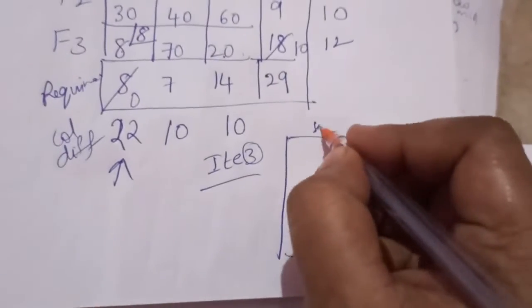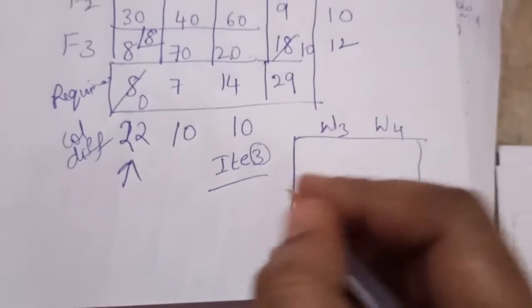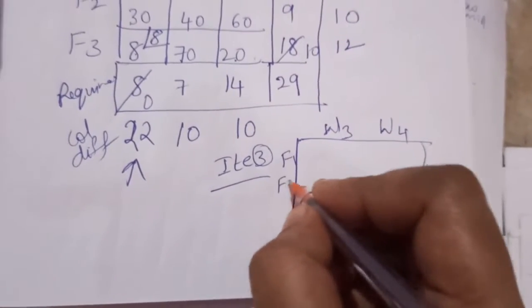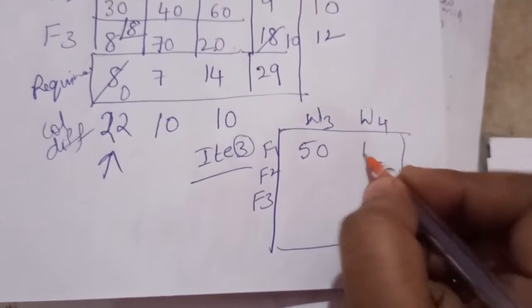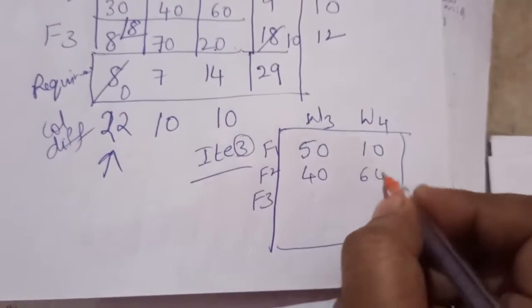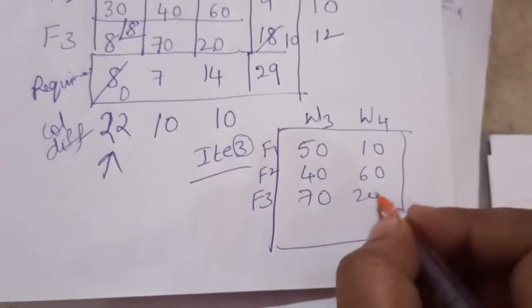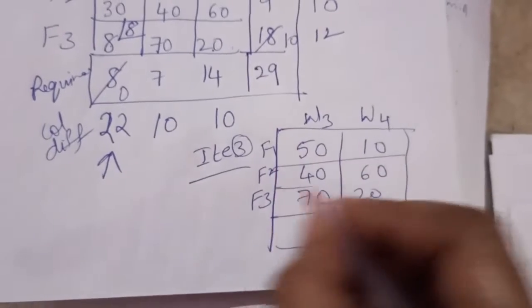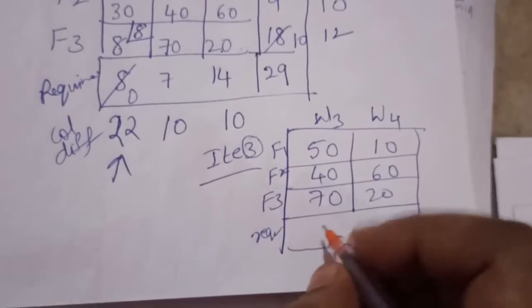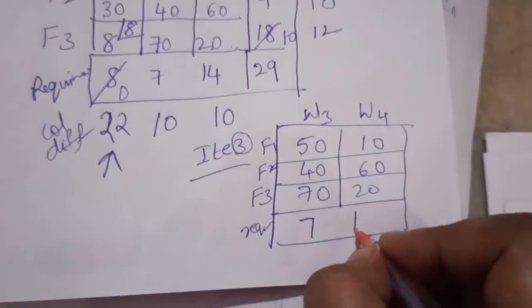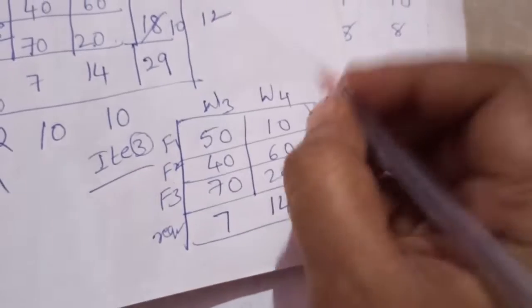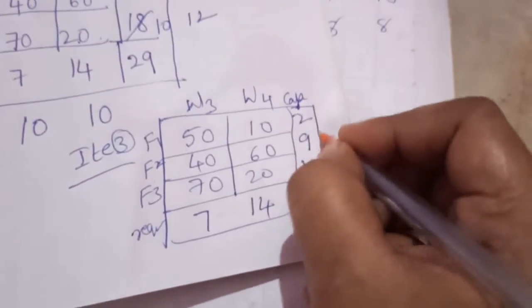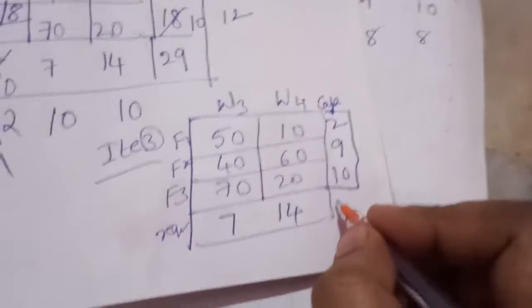Only W3 and W4 remain. Here we have F1, F2, F3, with costs 50, 10, 40, 60, 70, 20, and the requirements are 7, 14, and the capacity values are 2, 9, 10. 12 plus 9 is 21, so it is balanced.